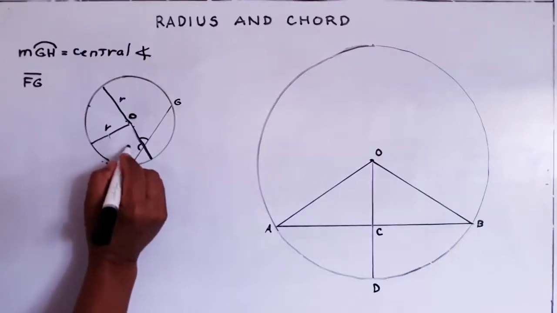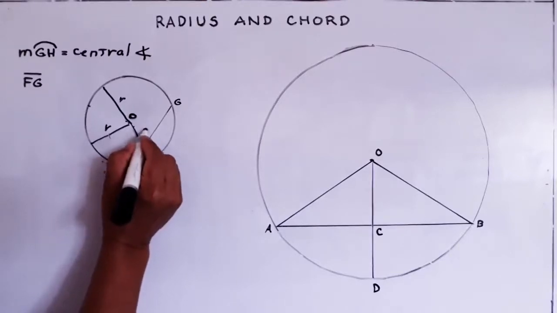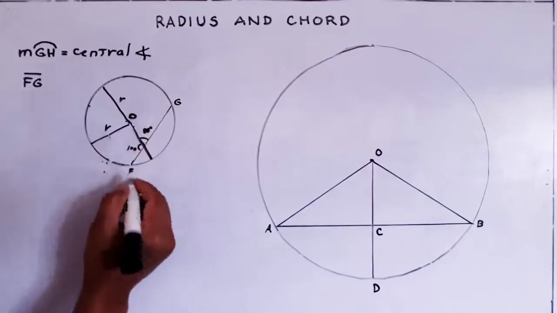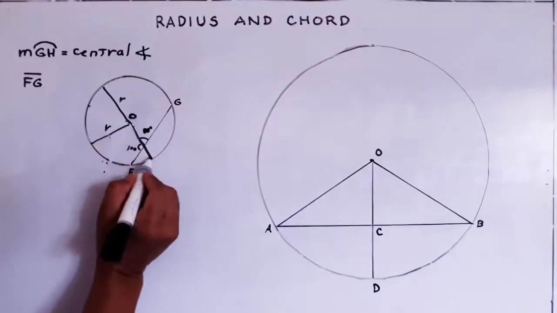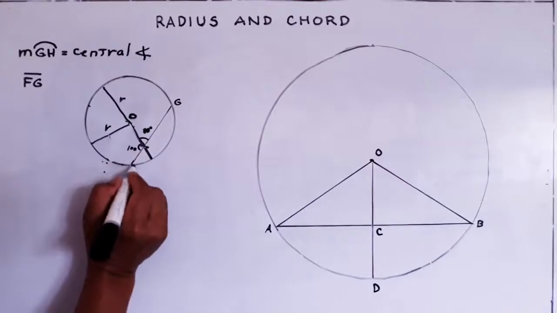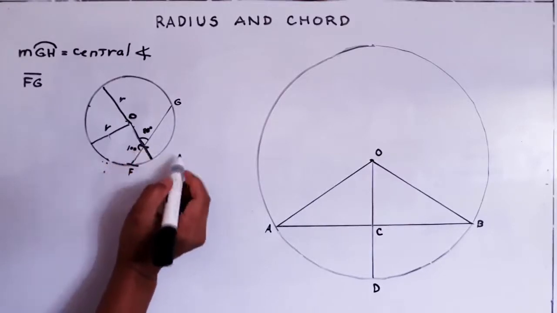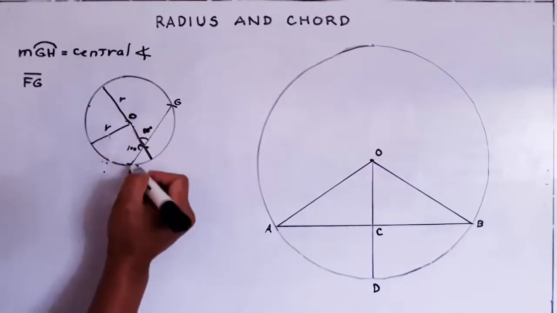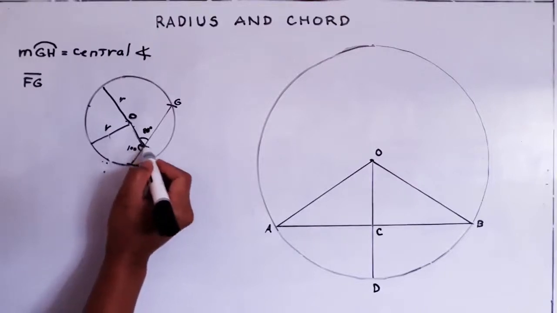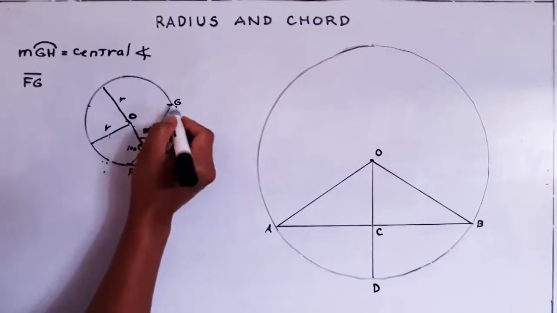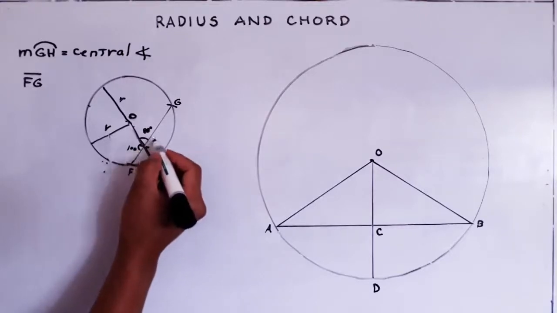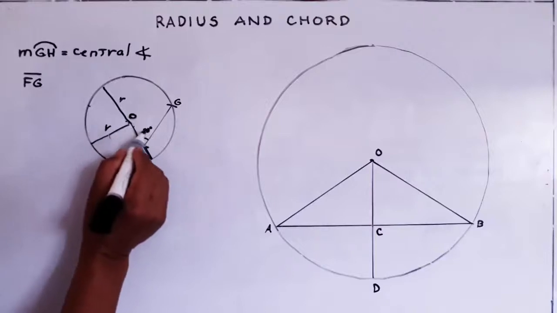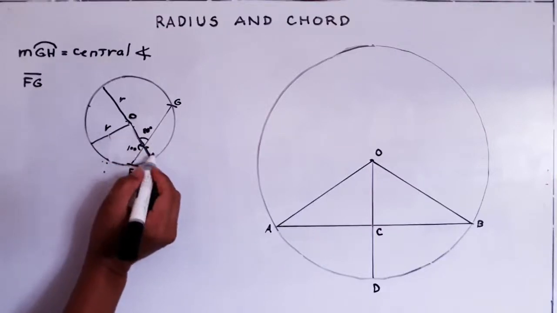In this case, maybe this is 100 and the other one is 80 degrees, because the total is 180 degrees. So if the radius is not perpendicular, the lengths of our chord parts will not be equal either. F to this point and from this point up to that point are not equal. They will be equal only if this one is perpendicular to the chord.